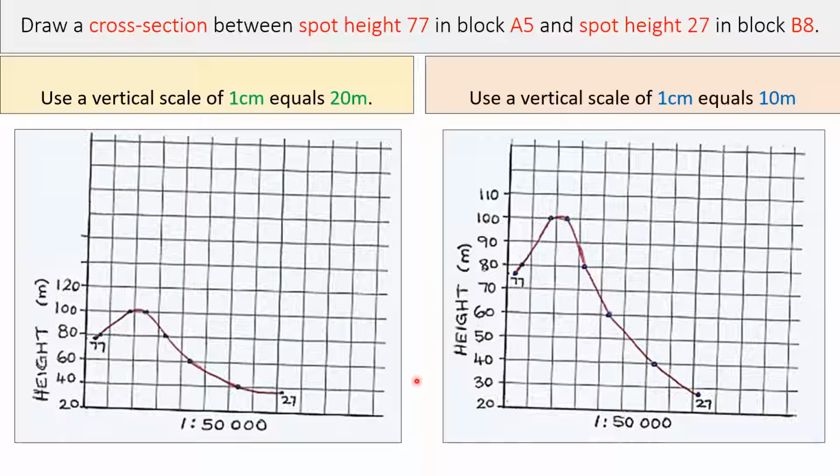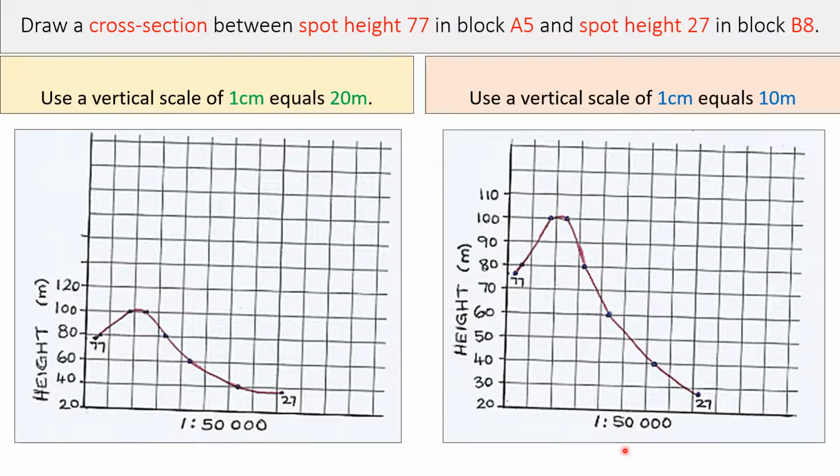So what the cross sections have done is exaggerate the vertical scale over and above the horizontal scale, which is the scale of the map. And the same concept applies here, that this vertical scale of 1 centimeter equals 10 meters has been exaggerated over and above the map scale of 1:50,000.